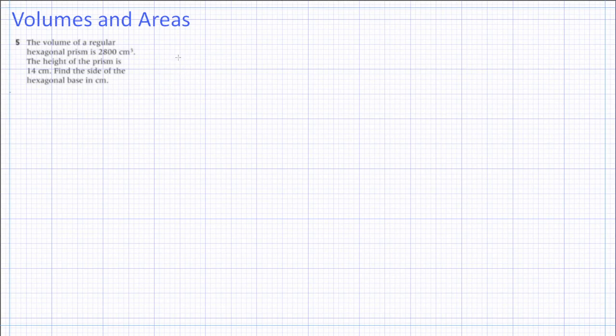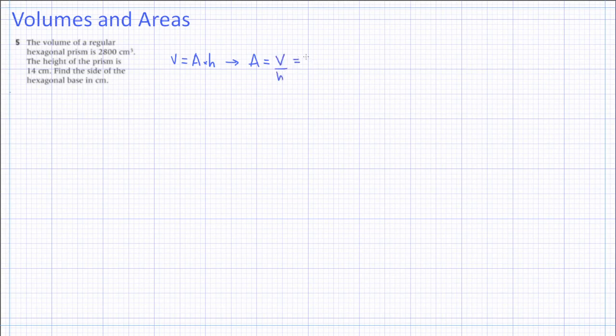So basically, the volume would be area of the base times height. And we know the volume and we know the height. Therefore, if we want to find out the area of this hexagon, which is going to be the base of this prism, it should be the volume divided by the height.